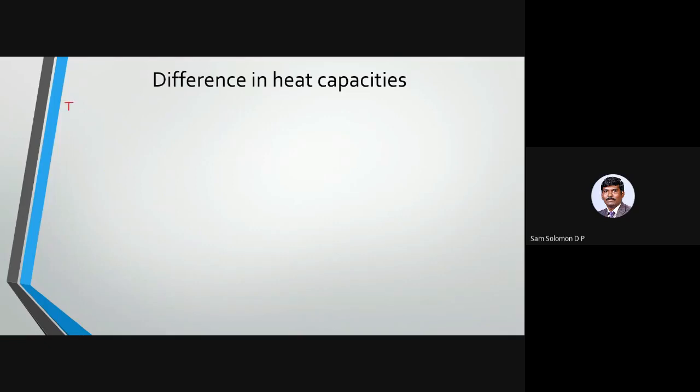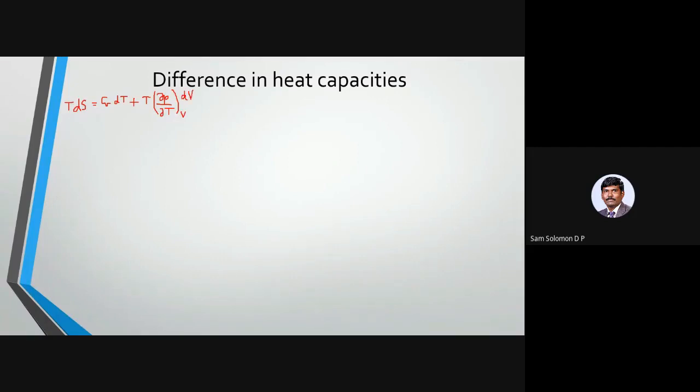One is TdS equals Cv times dT plus T times partial P partial T at constant V into dV.